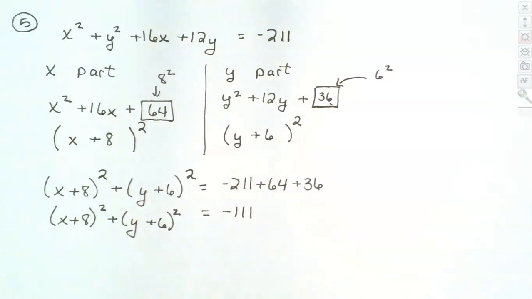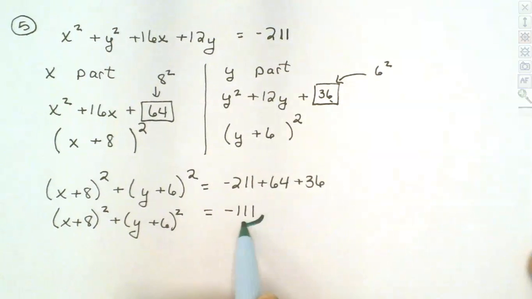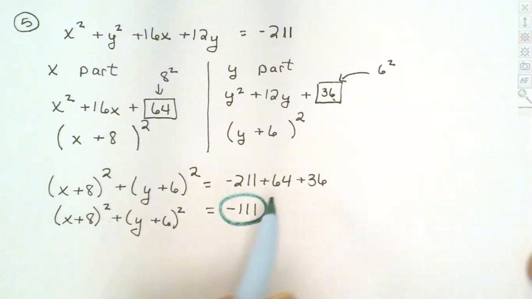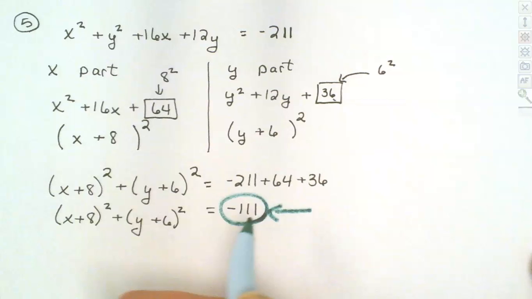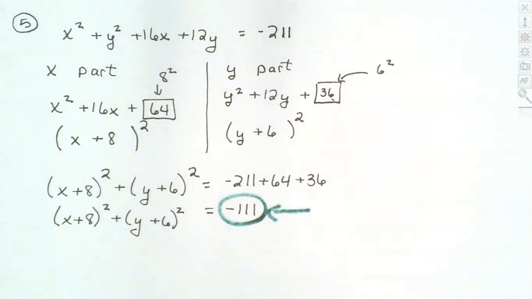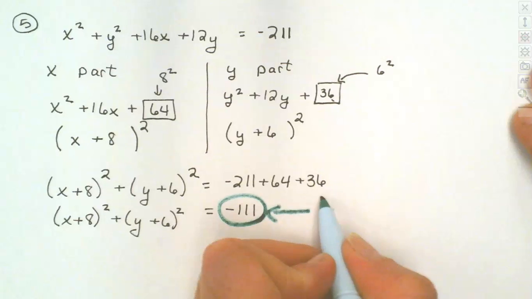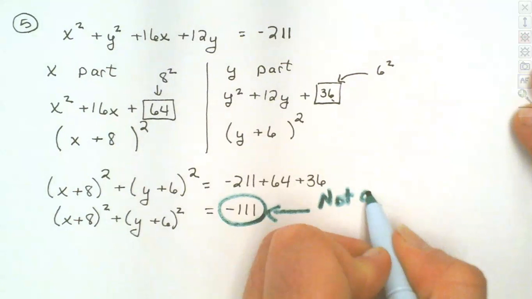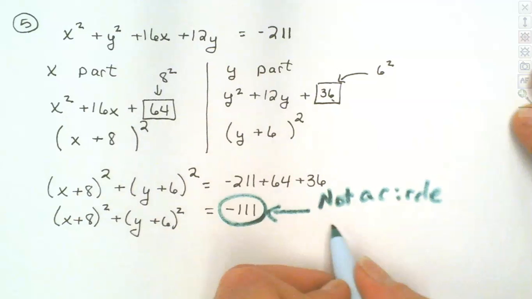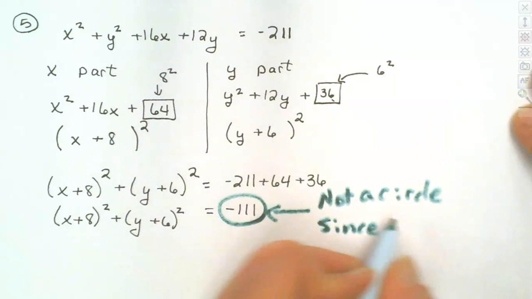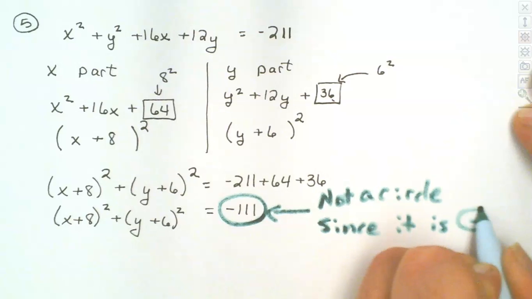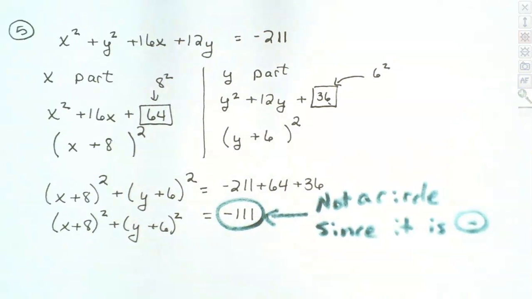And this is not a circle. Why is this one not a circle? Does anyone remember why it's not a circle? You may want to go back and look at circles a little bit more. But why is this one not a circle? It's not a circle because it's negative. So since it's not a circle, the graph is non-existent.